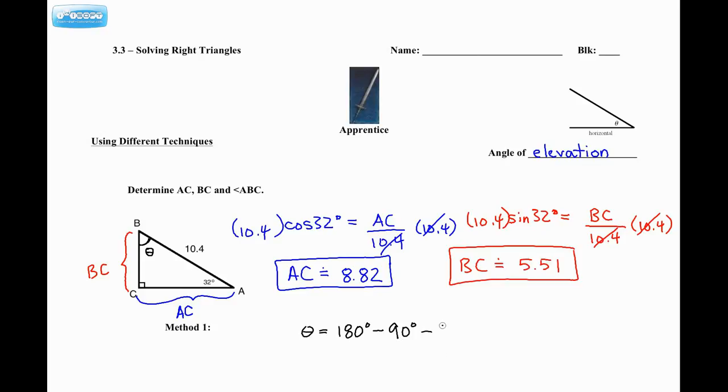Because all 3 angles of any triangle have to add up to 180. All right? So 180 minus 90 is just 90, and 90 minus 32 is 58. All right, I'll put that here. So we now know everything there is to know about this right triangle, so we can say now that it has been solved.